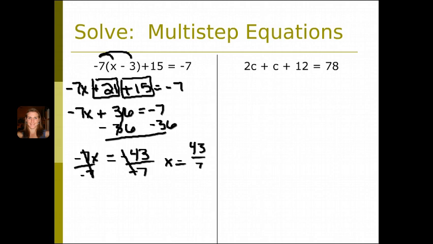So you have negative 7 times 43 over 7 minus 3 plus 15 equals negative 7. Okay? Negative 7 divided by 7 cancels out, leaving us with negative 43.